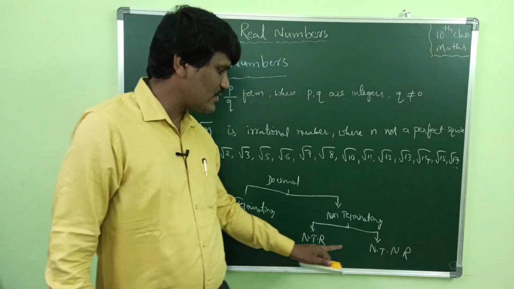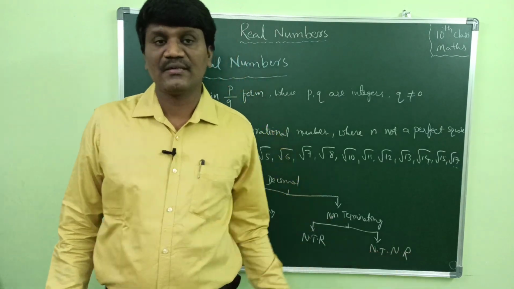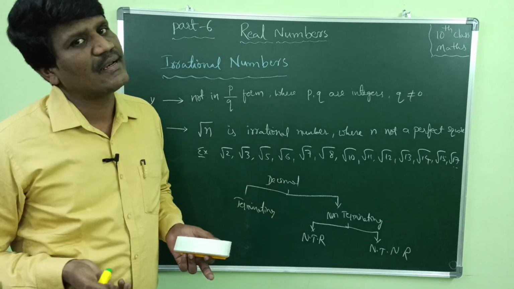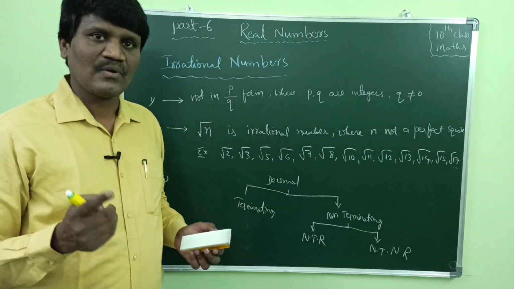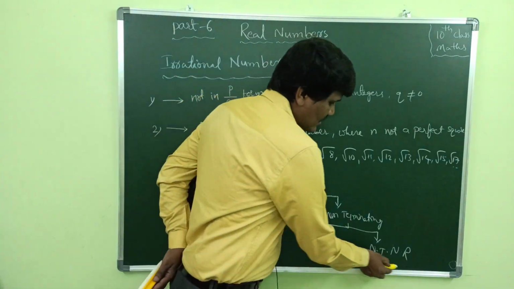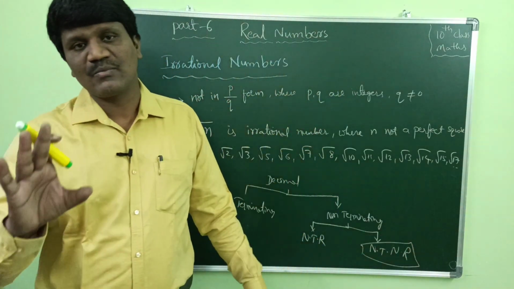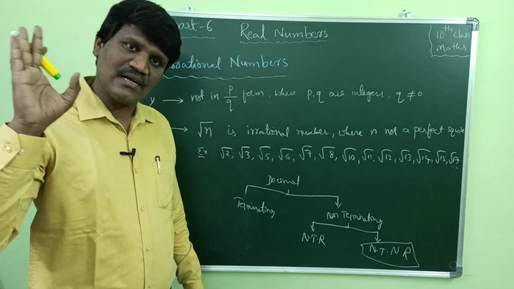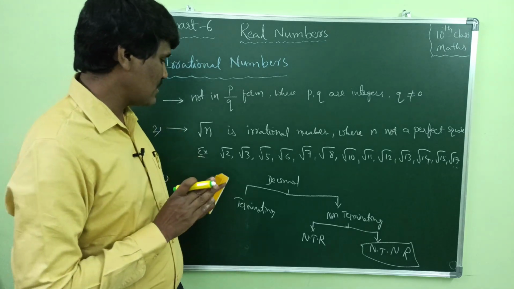That means it should not terminate and it should not have any recurring or repeating number. Okay, so here this non-terminating non-repeating decimal is called an irrational number.